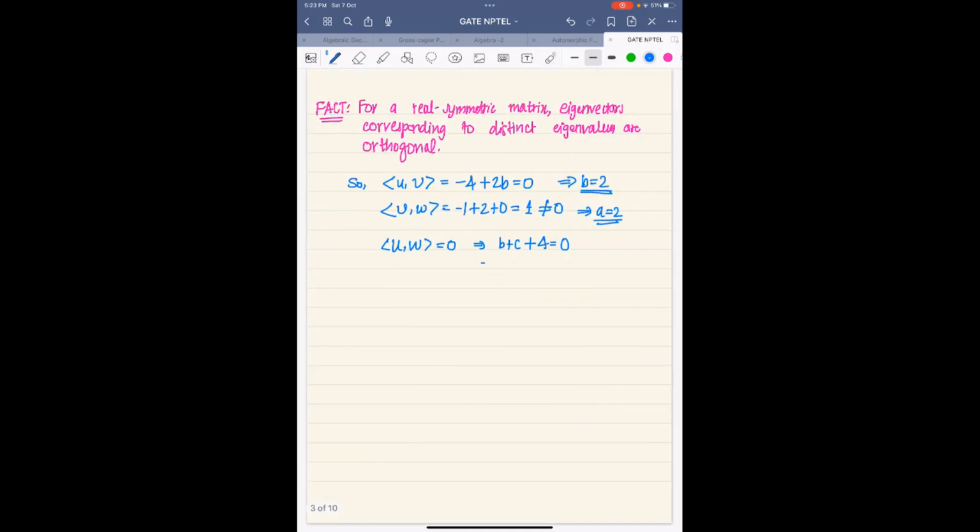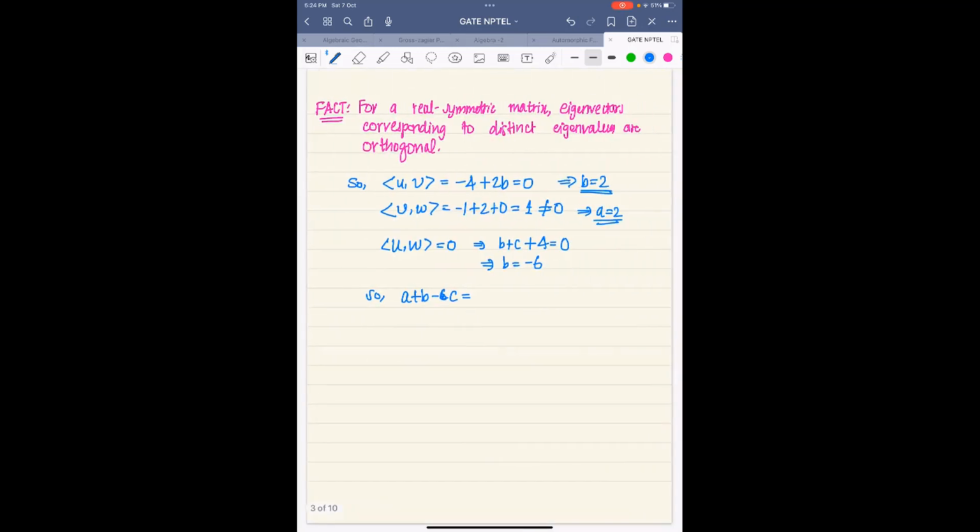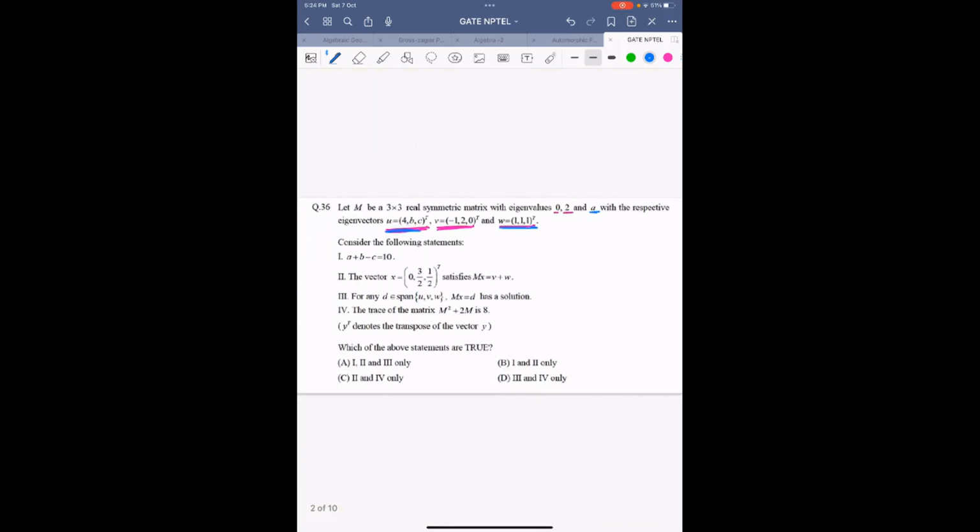And this means that c is equal to -6. So a plus b minus c is equal to 10. So the first statement is true.